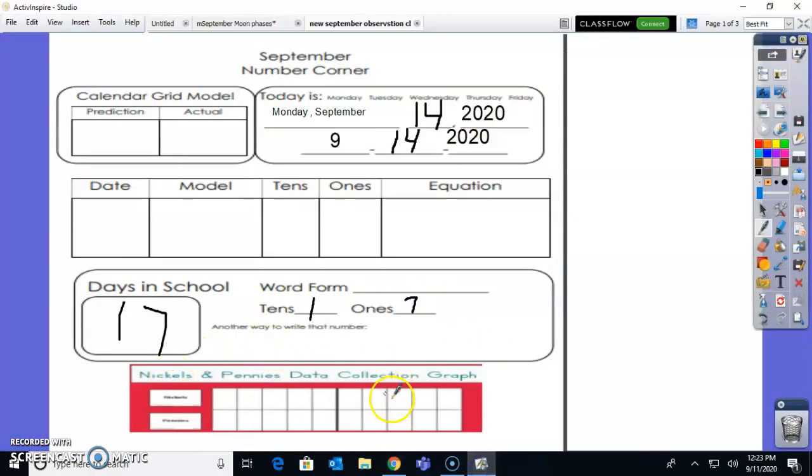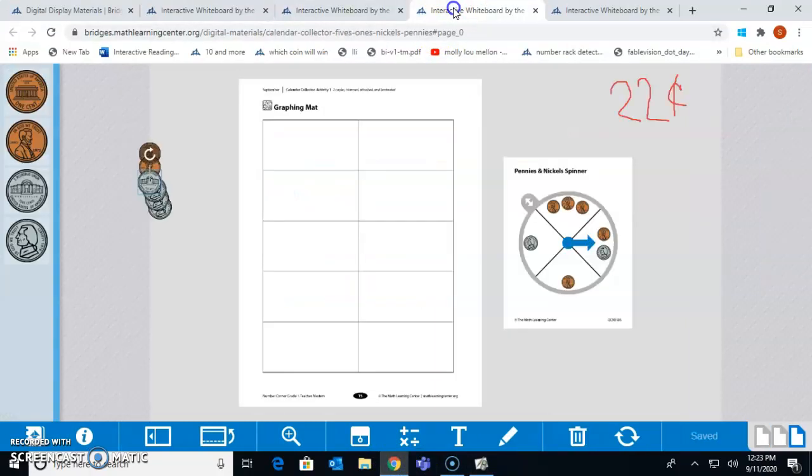Let's go back. So next we need to collect nickels and pennies. We're starting a new collection this week. Let's see, last week we got 22 cents and I left that number up. Let's see what we have today. Ooh, 3 pennies.